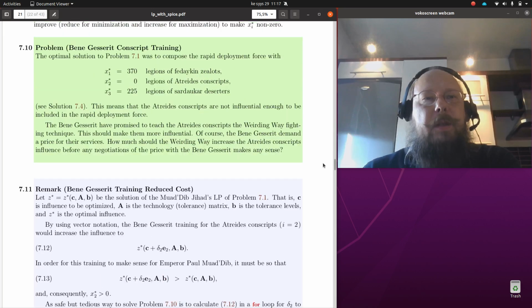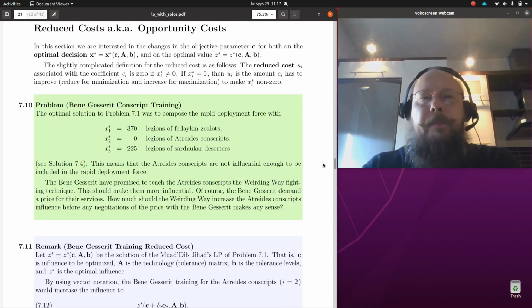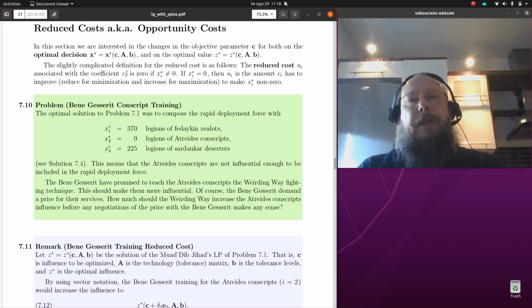So just to remind you about the rather convoluted definition of a reduced cost. The reduced cost ui is associated with the coefficient ci in the LP, so ci is the ith component of the objective function, and it's related to the decision variables.